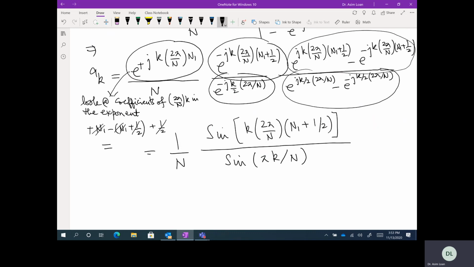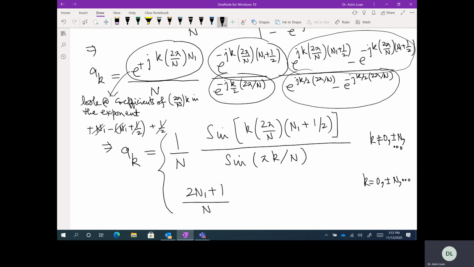So there is no exponential term, and this is ak. This is equal to the sine ratio when k is not equal to 0, plus or minus n and so on, and this is equal to 2n1 plus 1 over n when k equals 0, plus or minus n and so on and so forth.